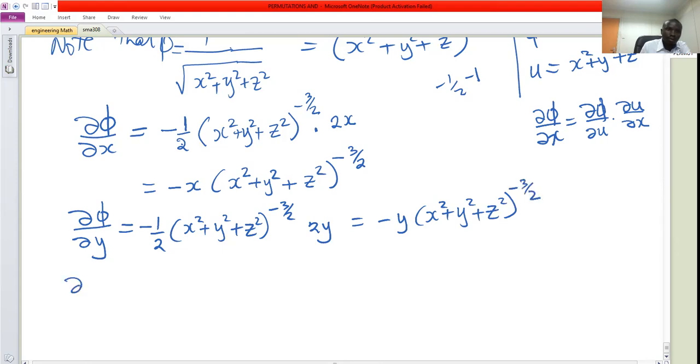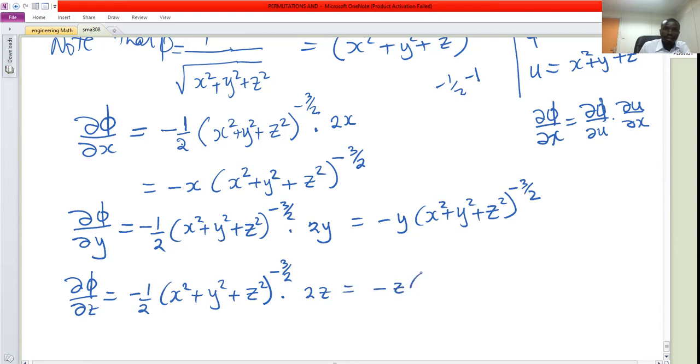And also, partial phi partial z will give me negative a half (x squared plus y squared plus z squared) to the minus 3/2 times 2z, a half and 2 cancel, so I have negative z into (x squared plus y squared plus z squared) raised to minus 3/2. So those are the first partial derivatives.